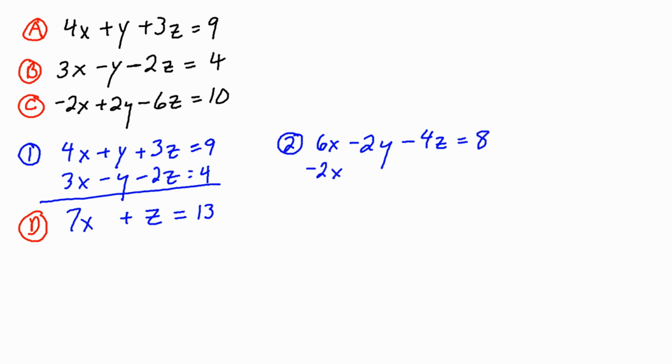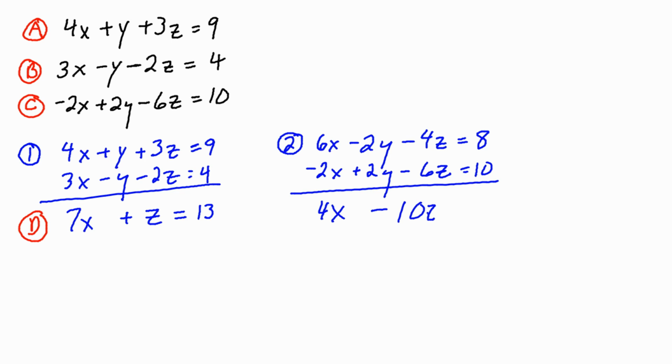Equation C is negative 2x plus 2y minus 6z equals 10. When I add those, 6x minus 2x is 4x. Negative 2y plus 2y is 0. Negative 4z minus 6z is negative 10z equals 8 plus 10, which is 18. And we'll call this one equation E.